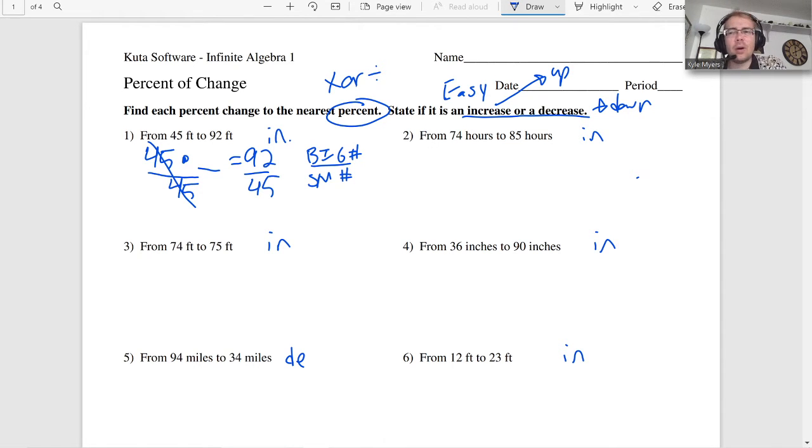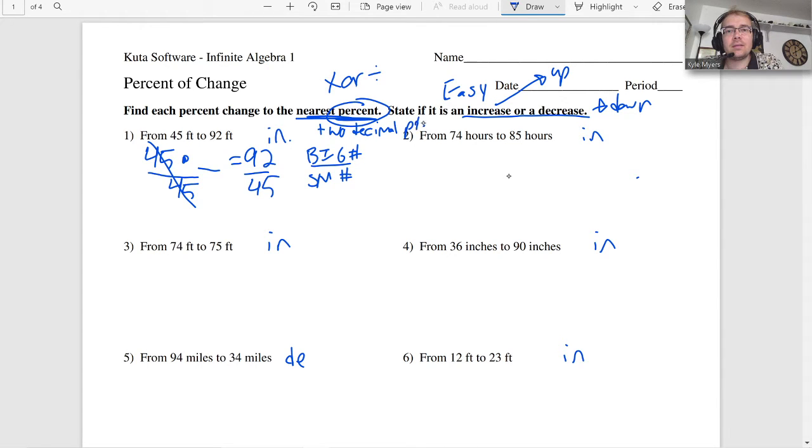And I think they want you to use a calculator on this because it would be really annoying to have to do some of these calculations by hand. So I'm actually going to use a calculator myself. 92 divided by 45 is 2.04 repeating. And they said round to the nearest percent, which would mean 2 decimal places.